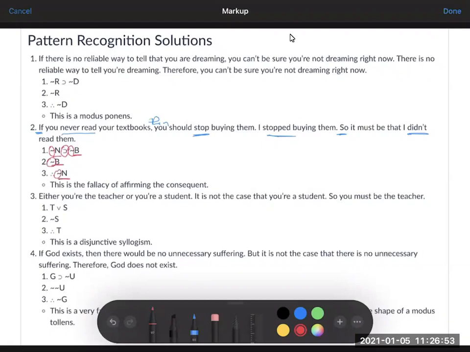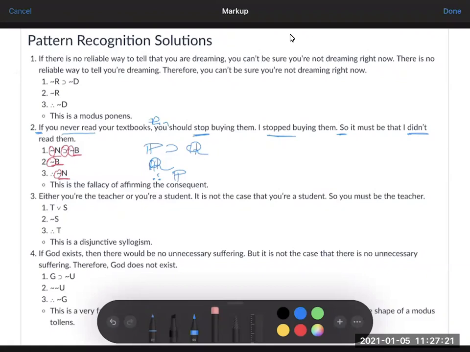Now, as it turns out, this is actually a fallacy. It is not a well-organized, well-structured argument. It's essentially a conditional, right? That's what one is. And then it's the consequent. Oops, that's a Q. And then you get your antecedent, the P. So that is something that we've defined as a fallacy.